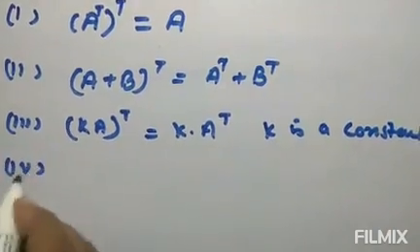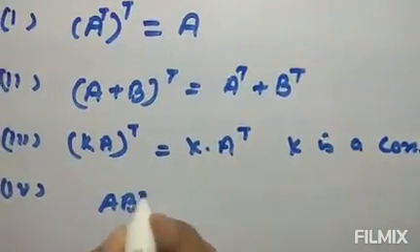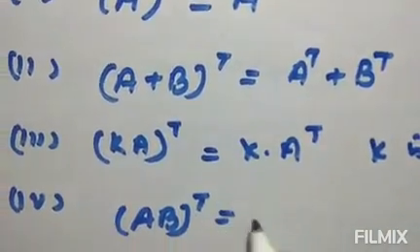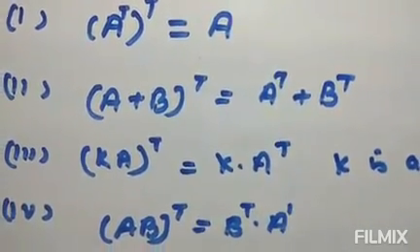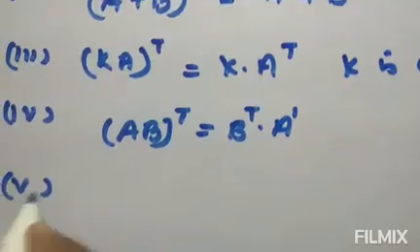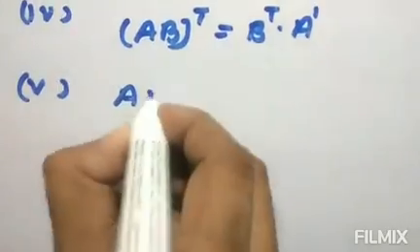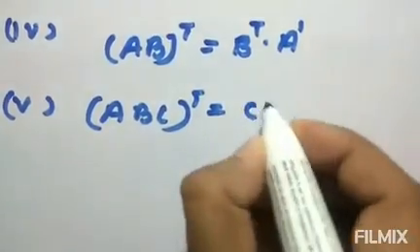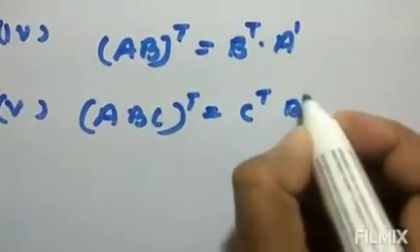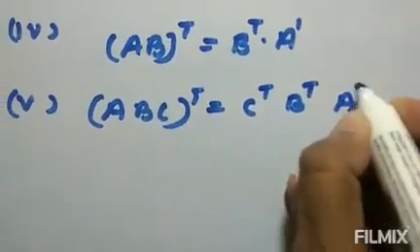Then next, (AB) whole transpose, it is equals to B transpose and A transpose. Then next one, (ABC) transpose equals to C transpose, B transpose, A transpose.